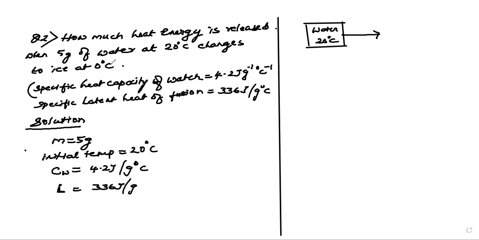Cooling means heat is being released, heat is being given out. So this water will keep on losing energy, temperature keeps on falling. I mean, it keeps on losing heat energy, and ultimately it comes to water at 0 degrees Celsius.